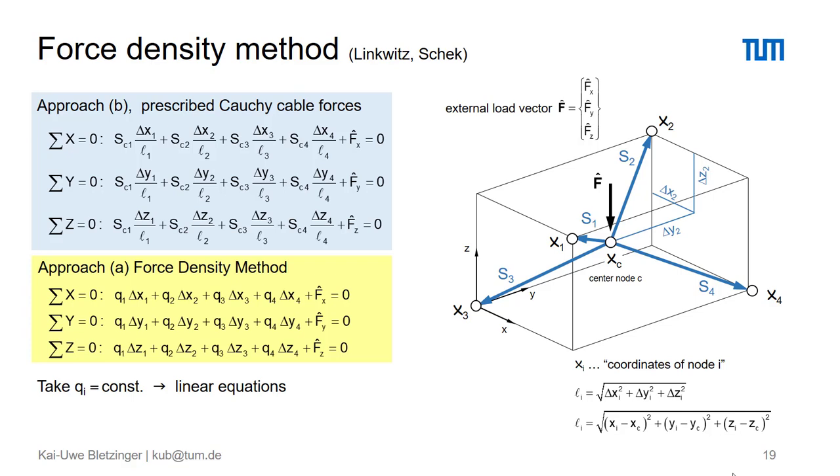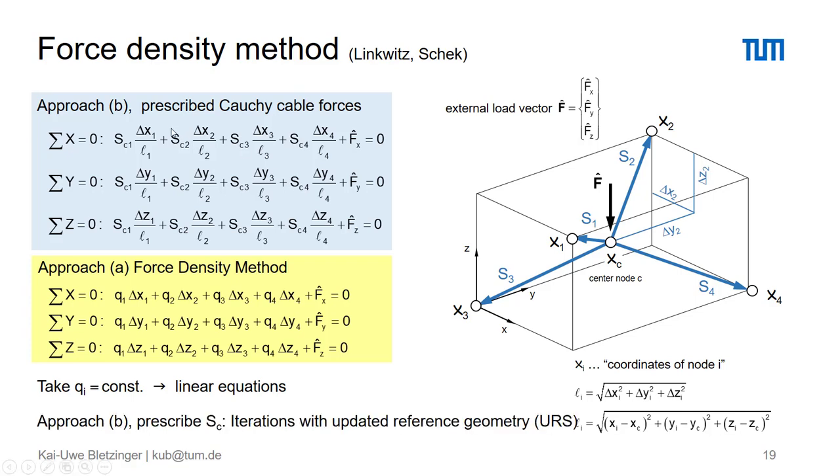Finally, we can come back to this previous slide. We have just identified the two approaches A and B. And a little comment for approach B, where we start prescribing the forces into deformed configurations, the true Cauchy forces: we have a nonlinear equation, and that is really a problematic issue, because for many cases these equations are problematic.